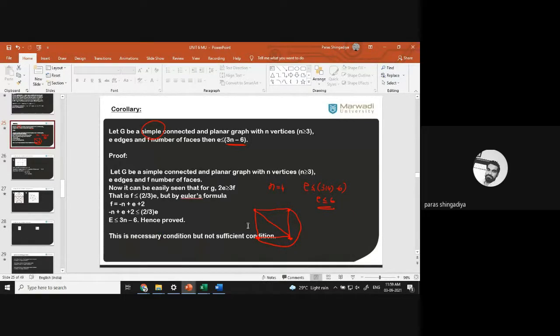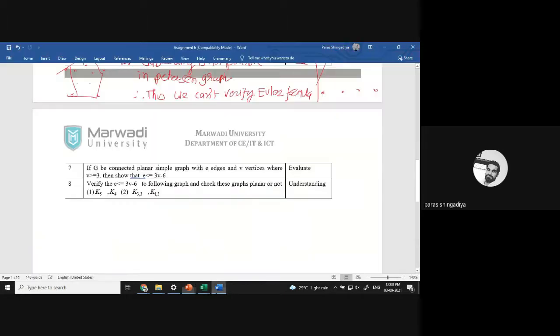First consider the K4 shape, then convert it to planar form, and then check the edges, which should satisfy this formula, up to 6. In K5 that will not be possible. Similarly K3,3 is also not possible, and K1,3 is also not possible, but in one of the cases we will get a contradictory result.